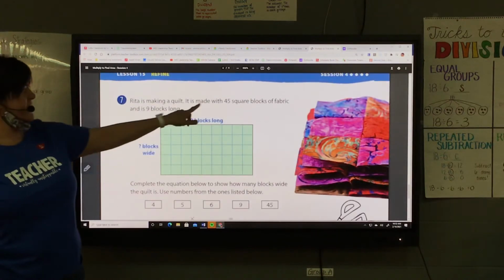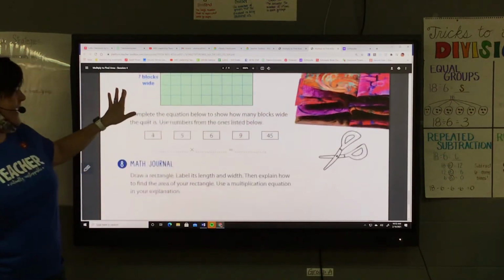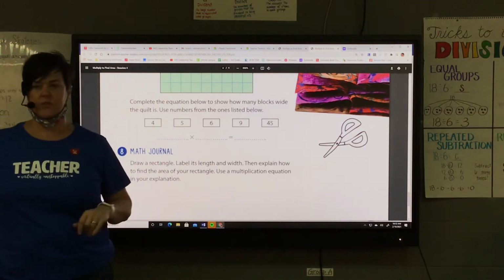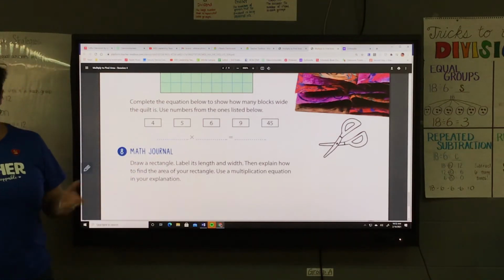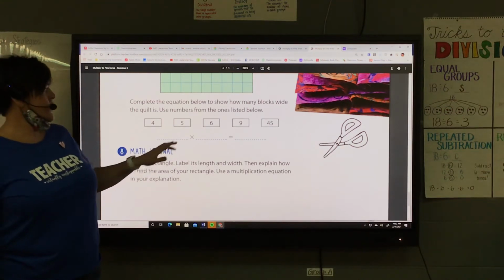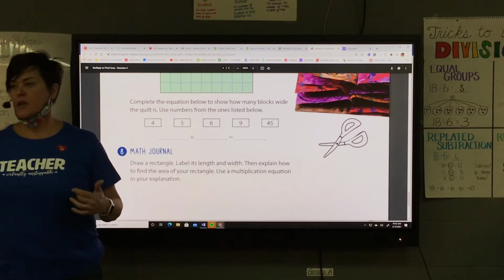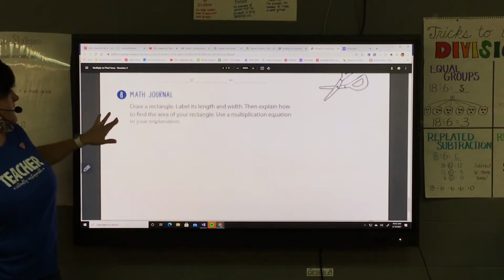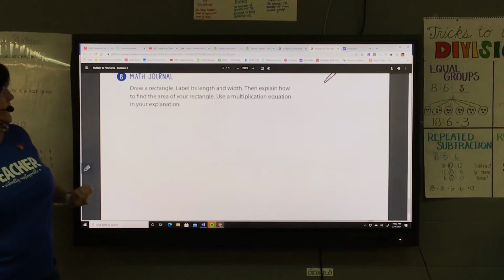What did they say? 45. Was there one of the numbers that we didn't use? Which number do we not need in this problem? We don't need 4 and we don't need 6. Okay.